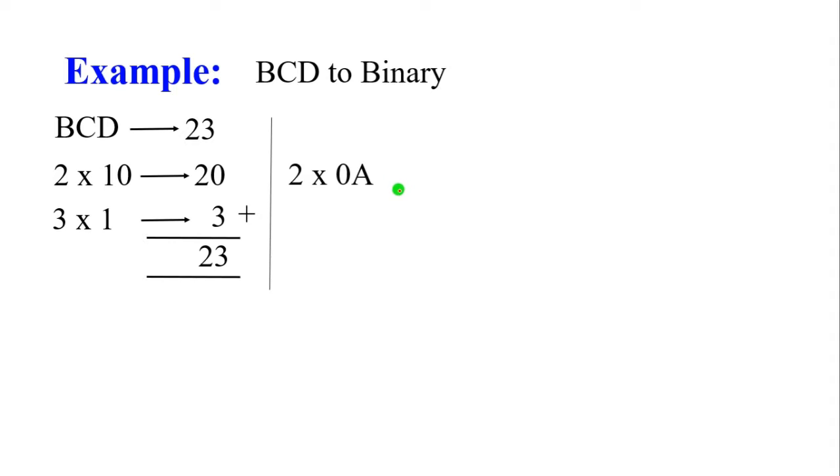What is the result? It is not equal to 20. Why is it not equal to 20? Here we are performing a hexadecimal, that means binary, operation. 0A into 2, that means 10 into 2, the result is 20, but in a hexadecimal number it is represented by 14. How is it represented by 14?